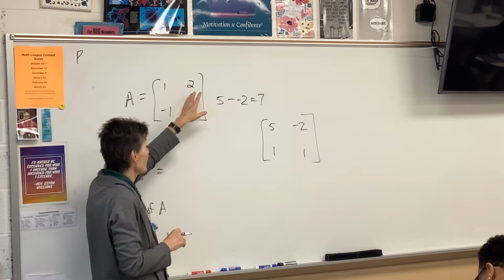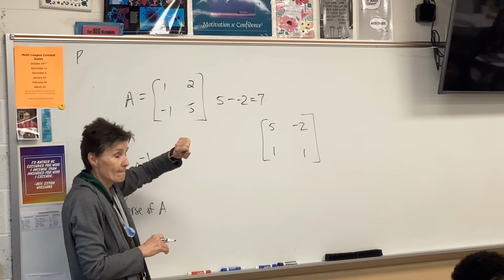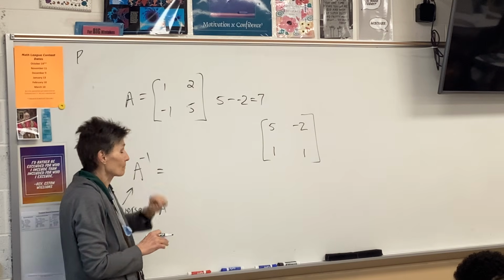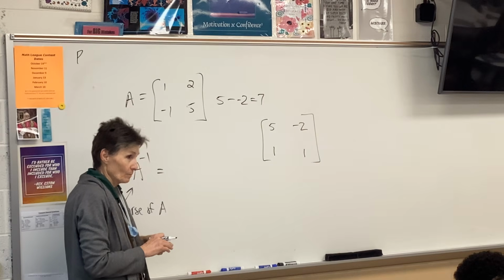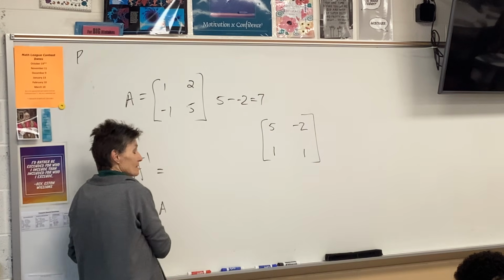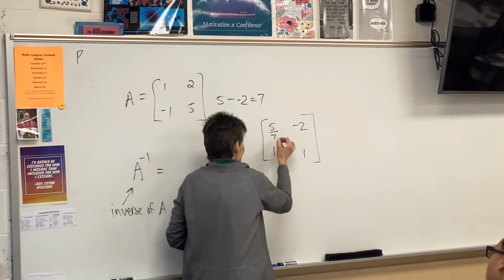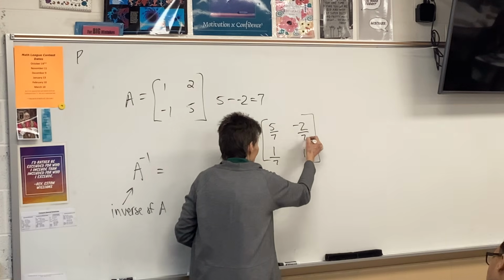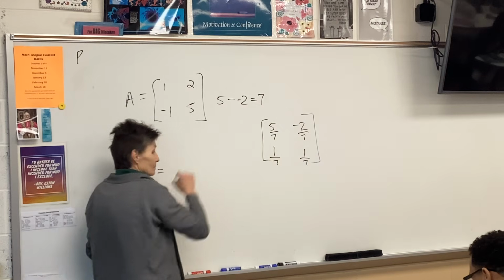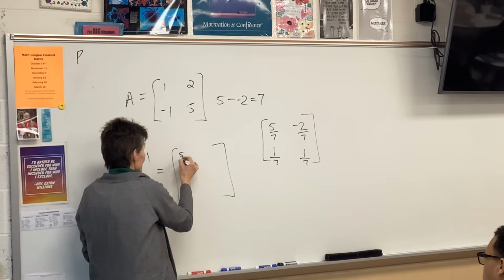So if they were both negative, they'd both become positive. Okay, now take that new matrix that you built and divide everything by the determinant. And that is your inverse.